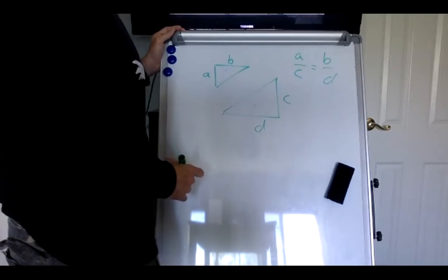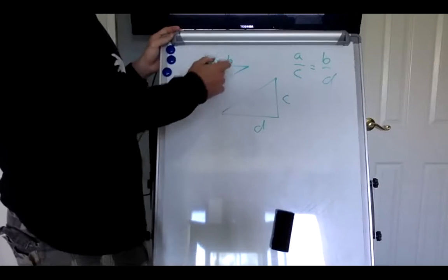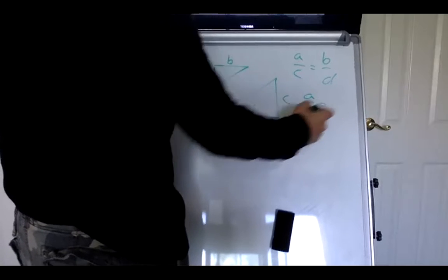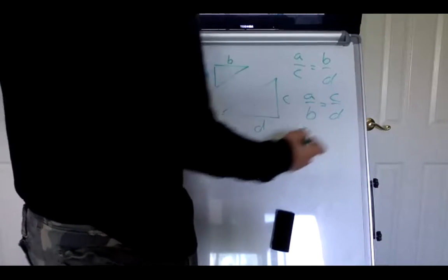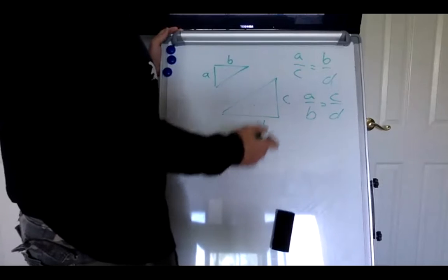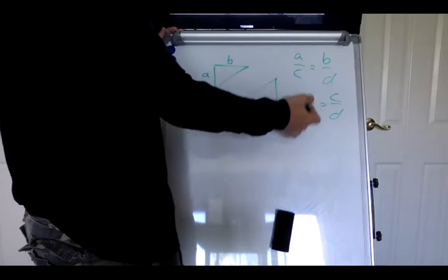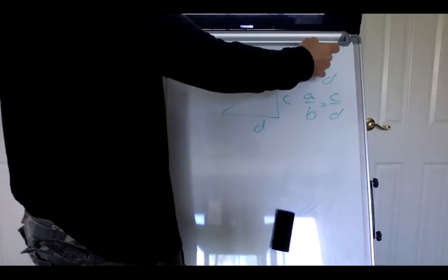Now with properties of proportions, we also know that A is to B as C is to D. That is also true, because you can just cross multiply and divide and manipulate it to look like that. We called it the side to side property: A is to B as C is to D.